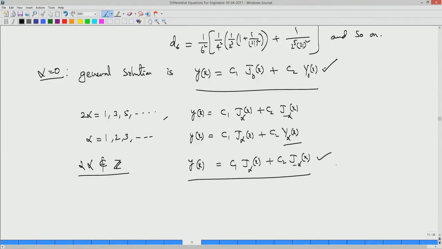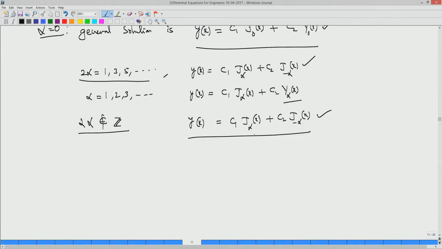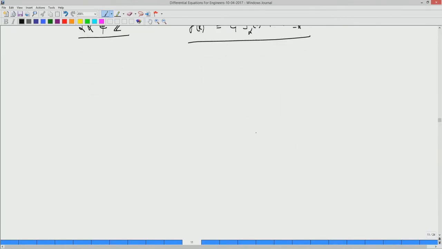So, this is how you get the general solution of the Bessel equation, whatever the alpha value may be, depending on the difference between the roots of the indicial equation. But in this special case you can calculate in a different way, using the properties of these Bessel functions. So, we will have certain properties of Bessel functions.